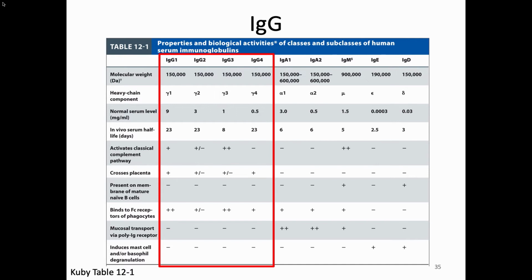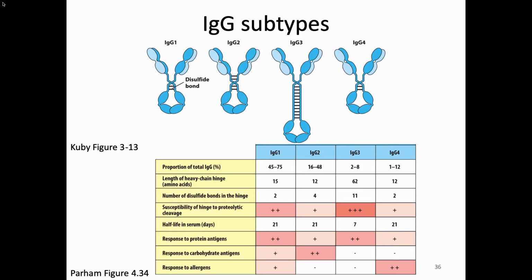There are 4 different subtypes of IgG. They largely vary based on that hinge connecting domain and how long it is. This changes things like how easily the molecule is cleaved by proteases, which is actually what changes the half-life.